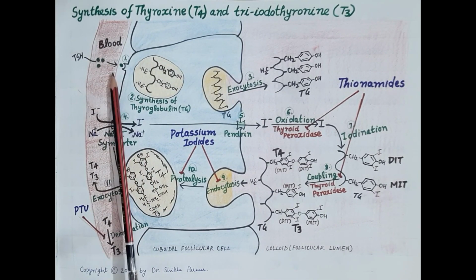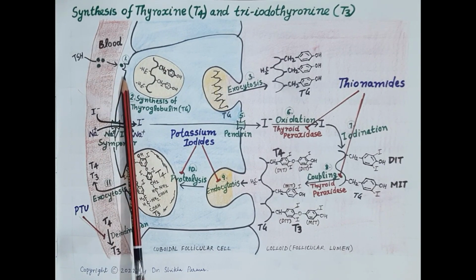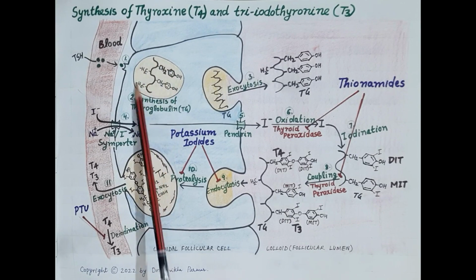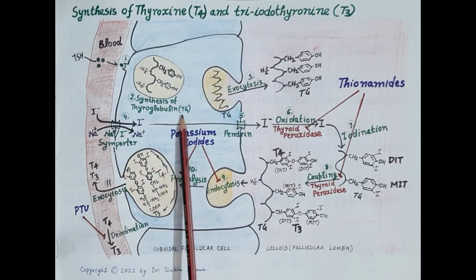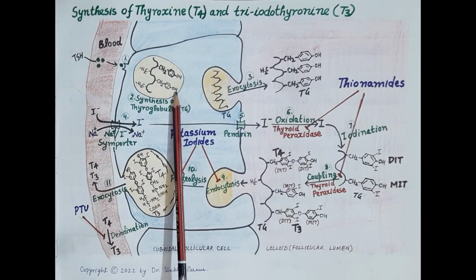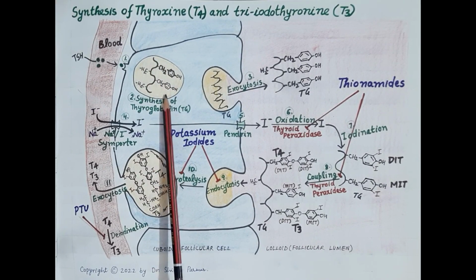Now TSH, thyroid stimulating hormone, is secreted by the anterior pituitary in the blood. TSH binds to its receptors and this causes formation of thyroglobulin. So thyroglobulin is produced in the cuboidal cell and it is termed in short as TG. Now this thyroglobulin consists of tyrosyl residues. Now T3 and T4 are synthesized on these tyrosyl residues.